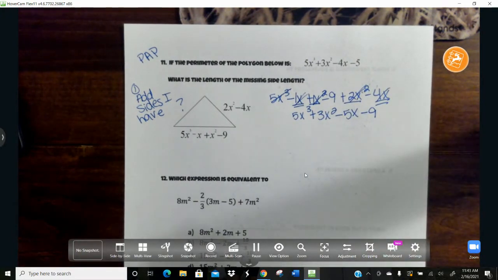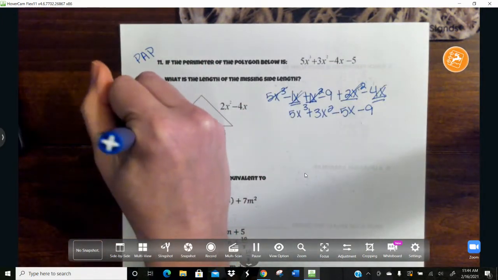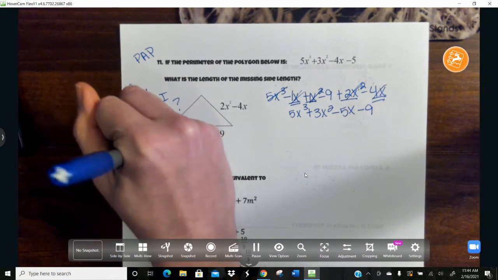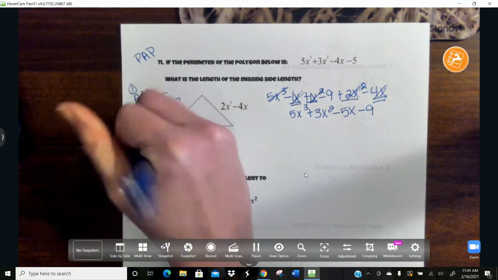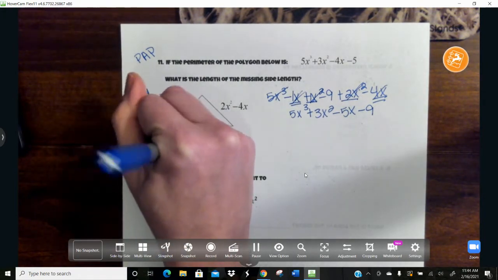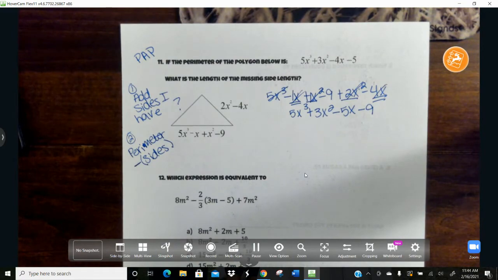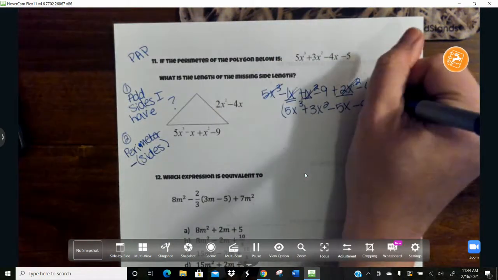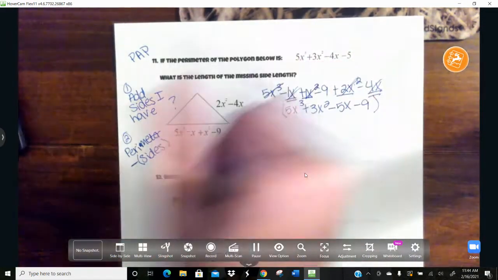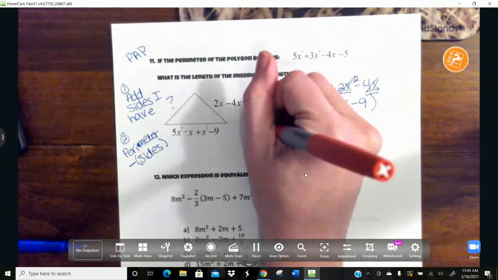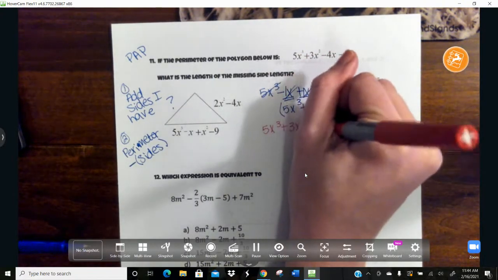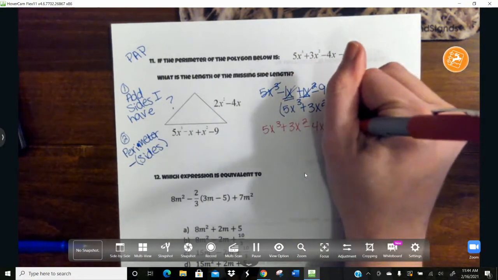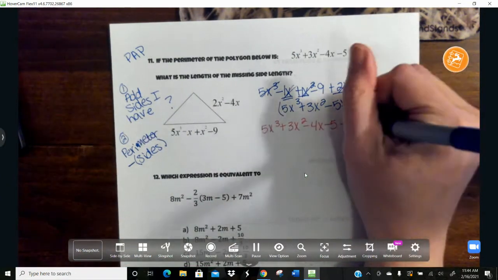Okay, so now that I have that, step 2, I'm going to take the perimeter minus the sides. And I need to put the sides in parentheses. So I'm going to take our original perimeter, 5x cubed plus 3x squared minus 4x minus 5, minus the side sum that we got.